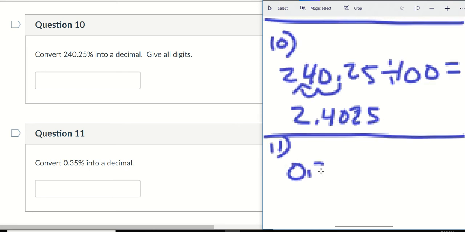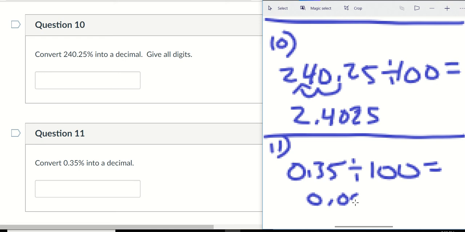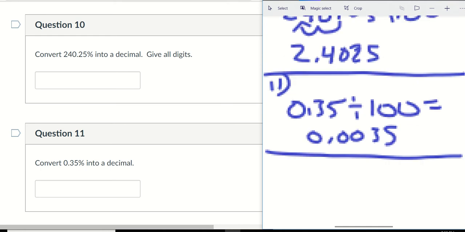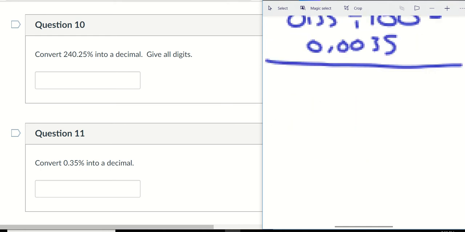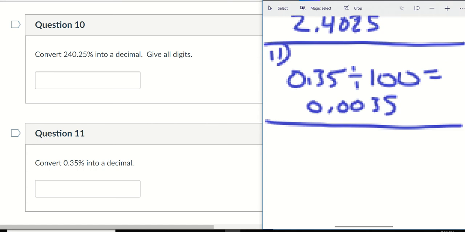0.35% divided by 100. Give all the digits, I guess. 0.0035. Now the reason I'm having you do this is a lot of times when I ask to go from percentage to fraction, you guys forget the decimal step.